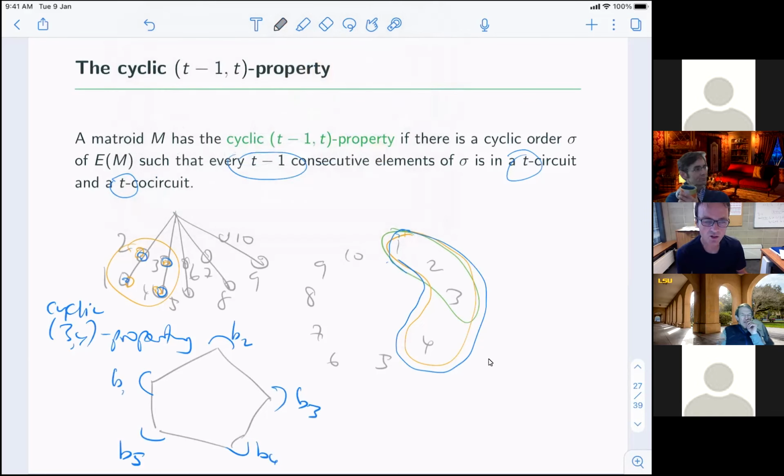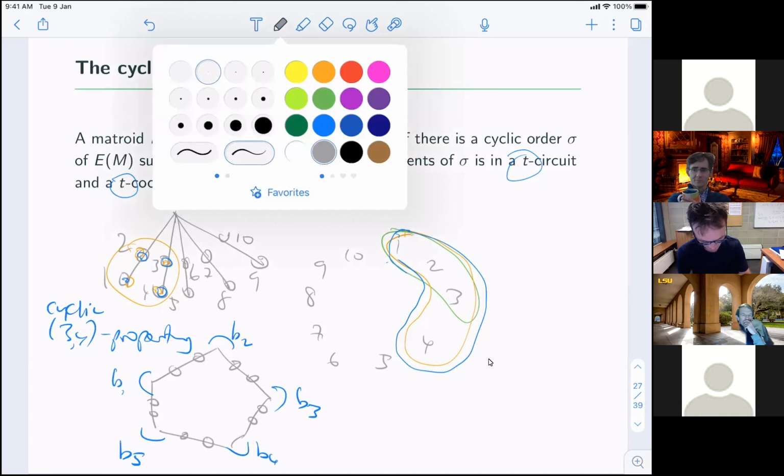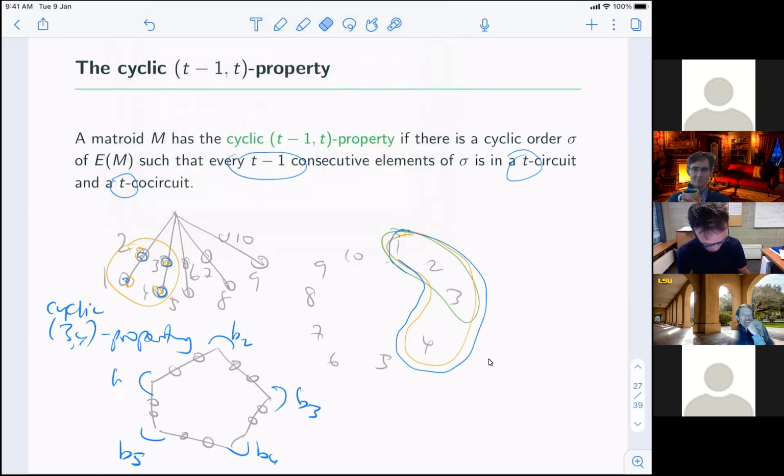And now on the line spanned by B1 and B2, add 2 points. On the line B2 and B3, add 2 points, and B3 and B4. And if I delete the basis elements, I get a swirl, right?